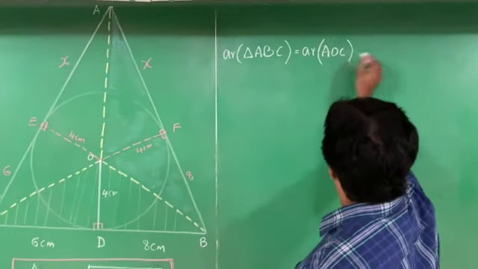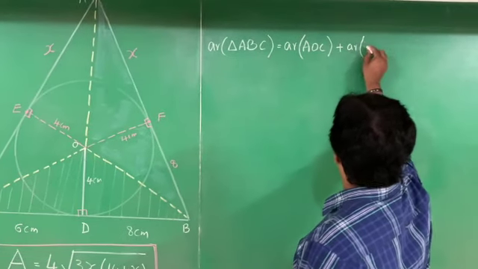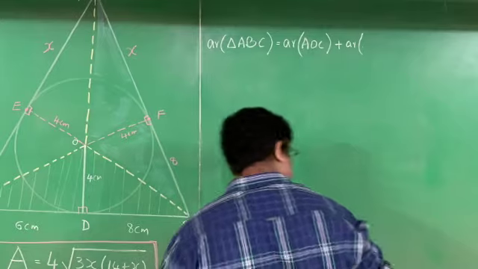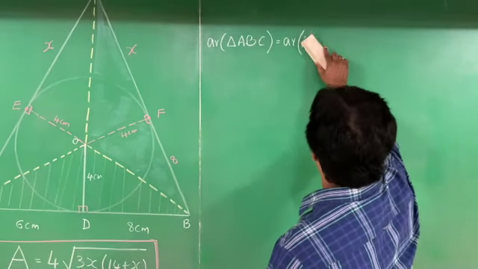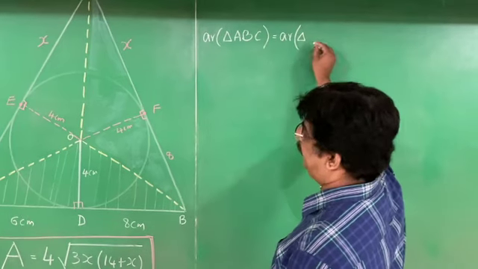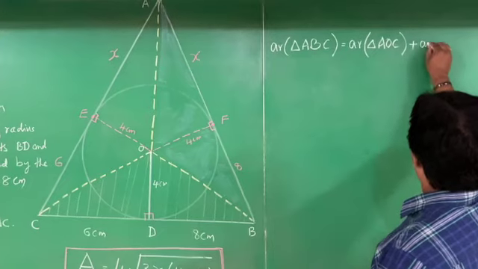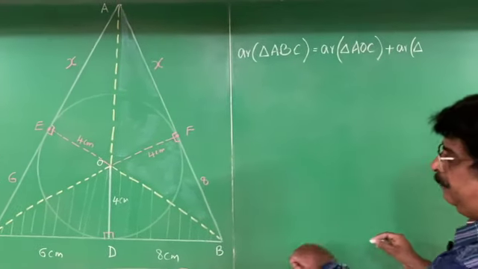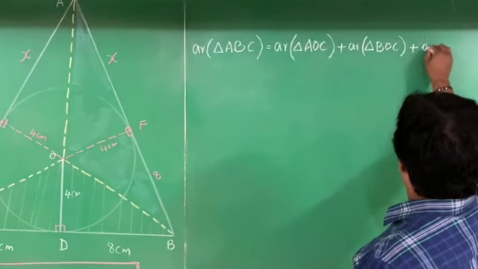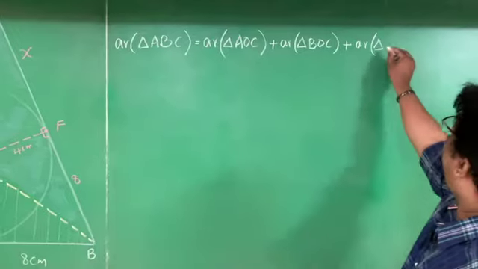AOC plus area of triangle, I have not written the triangle symbol here, I write it now. Area of triangle, the symbol of triangle, delta, area of triangle AOC plus area of triangle BOC plus area of triangle AOB.